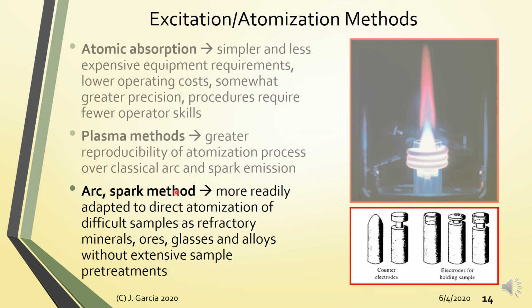Then you have your arc and spark methods. For arc and spark methods, you're using these electrodes here. There are two electrodes. The first electrode holds a sample. You can actually analyze solid samples directly here. For plasma methods, you need to convert your samples into solution, solution phase.